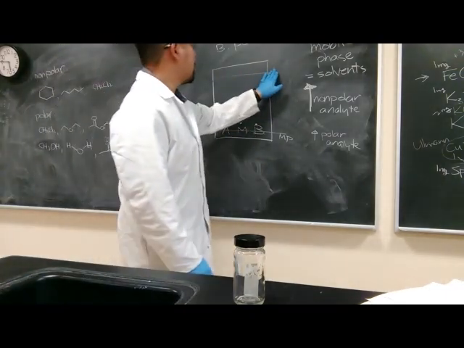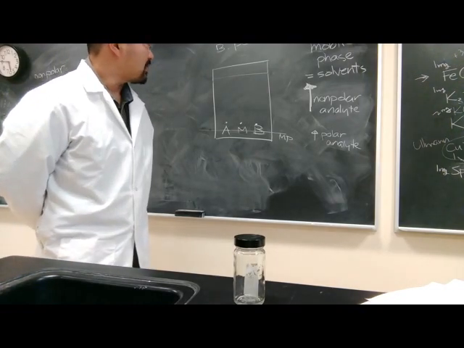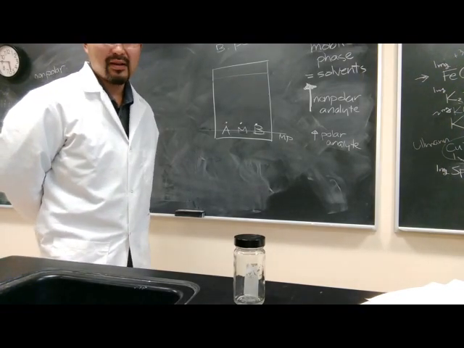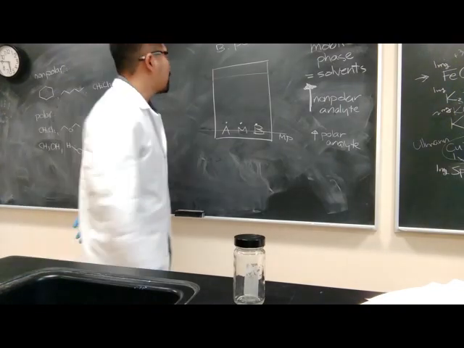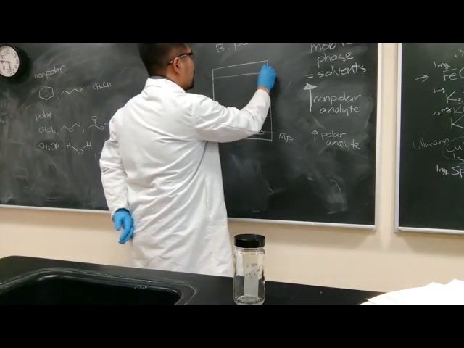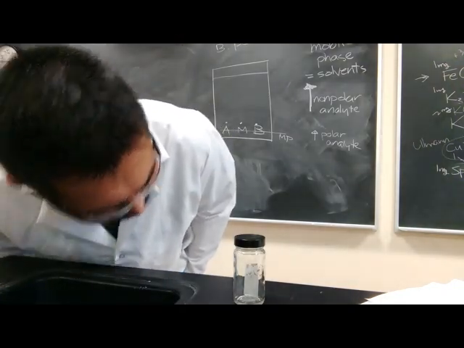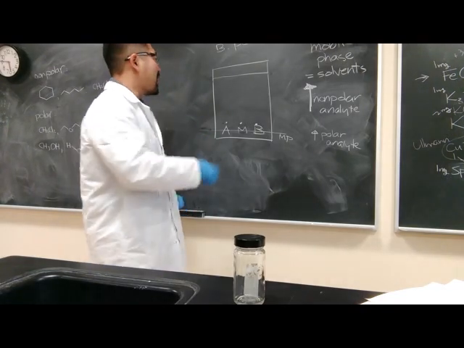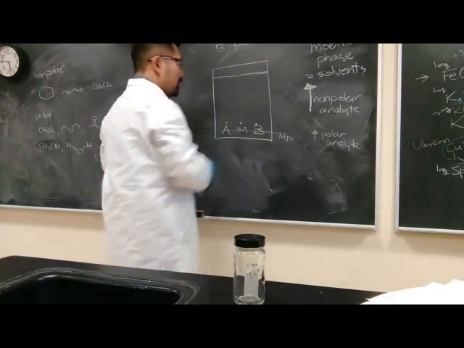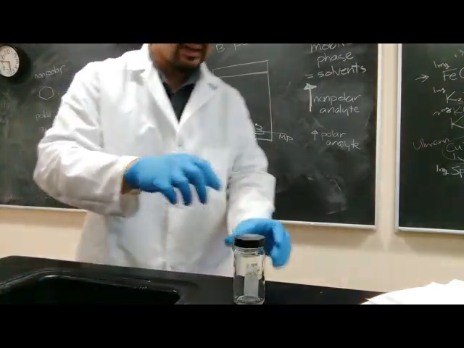run up the TLC plate, and after it reaches within maybe about 4 to 5 millimeters or so from the top, when the solvent reaches that high, we're getting there with this TLC plate. You will want to take the TLC plate out and immediately draw a line with a pencil where the solvent line reached.